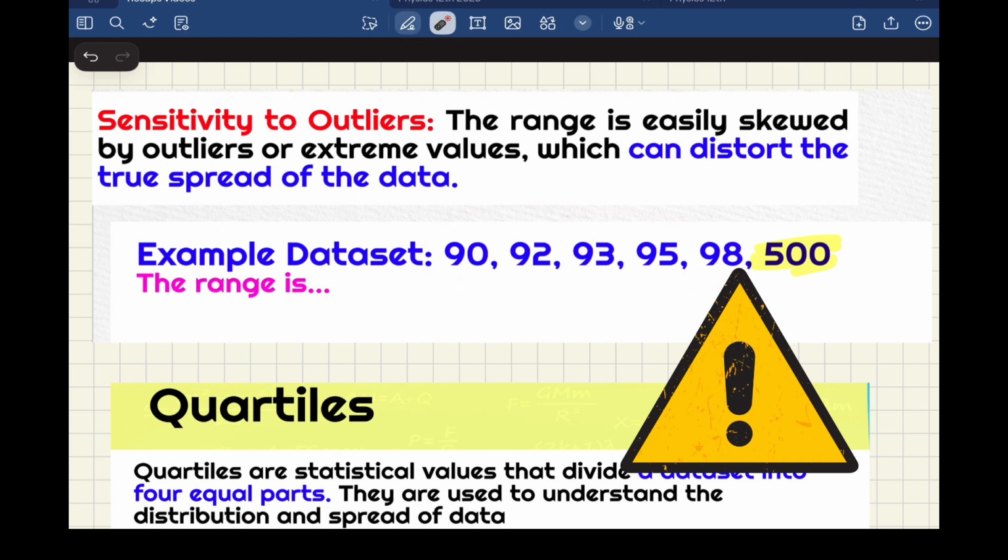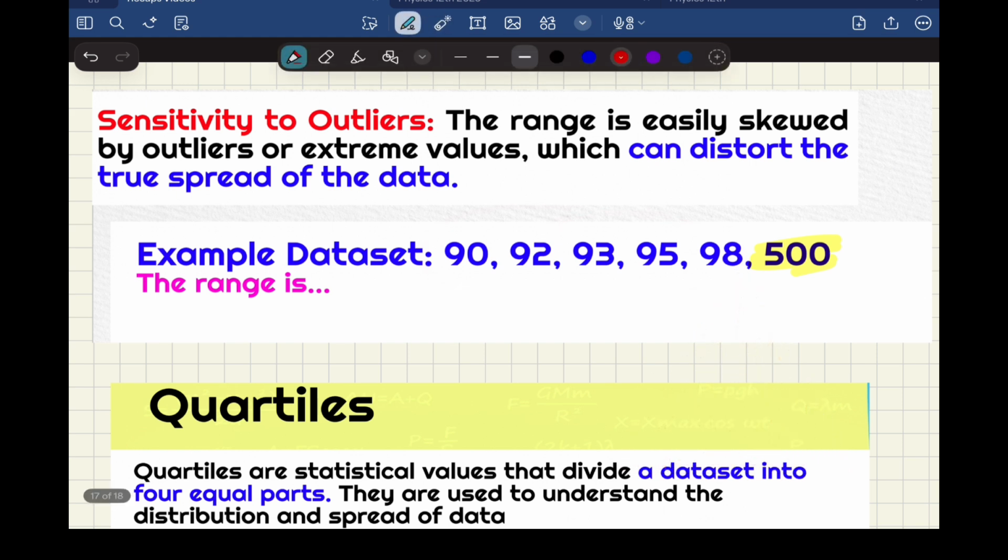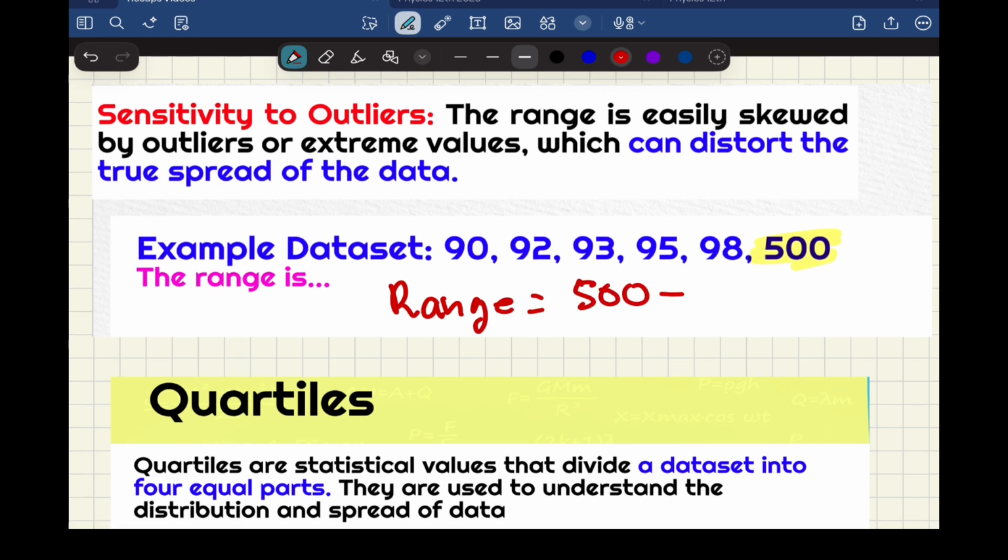So when we are going to find the range, we can say, okay, the range is 500 because this is the biggest value, minus what? Minus this 92. So what is this? This would be 408.